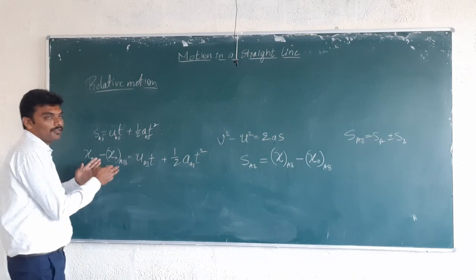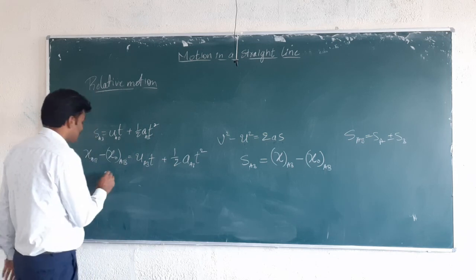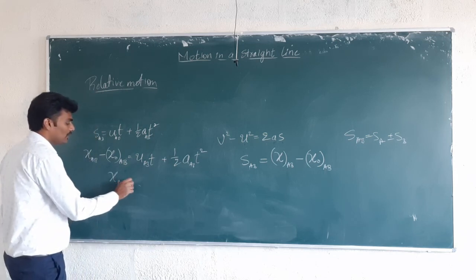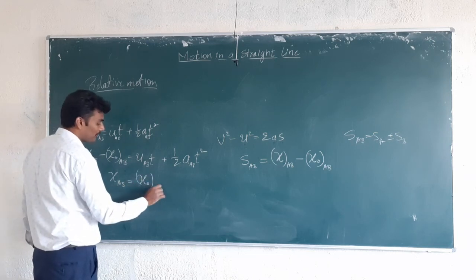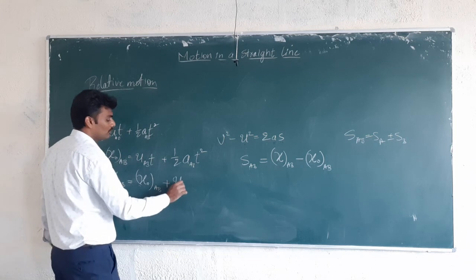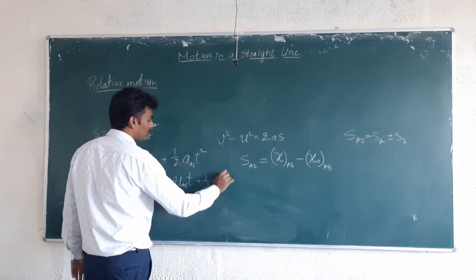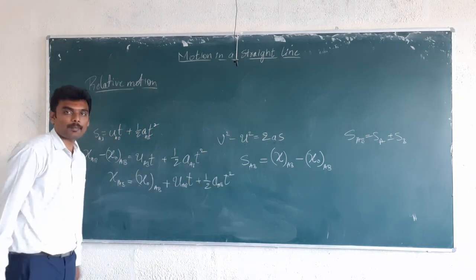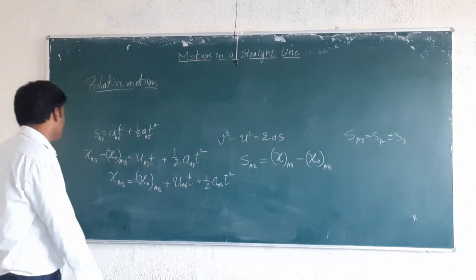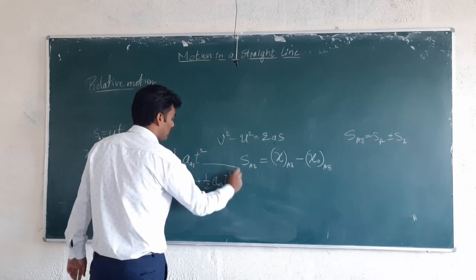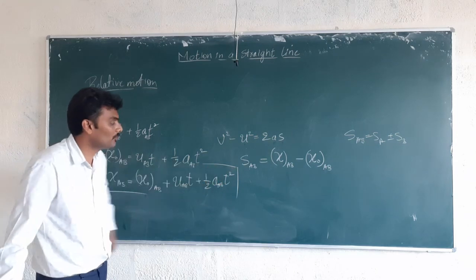And now if we send this X naught AB to the RHS, then this becomes XAB is equal to X naught AB plus UAB T plus half AAB T squared. Okay, got it? This is the expression which is obtained from the formula of displacement.